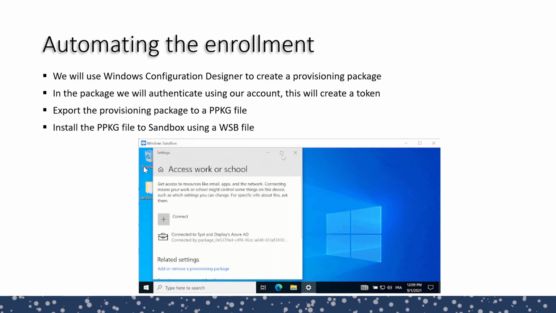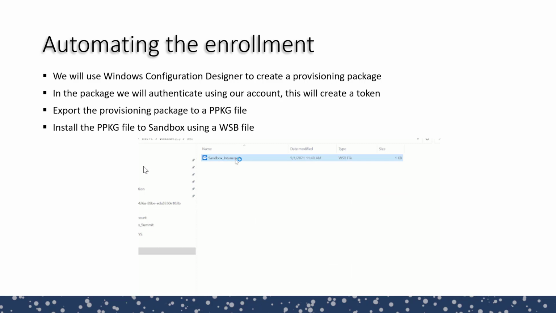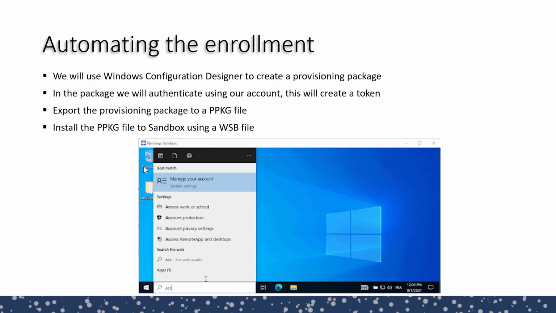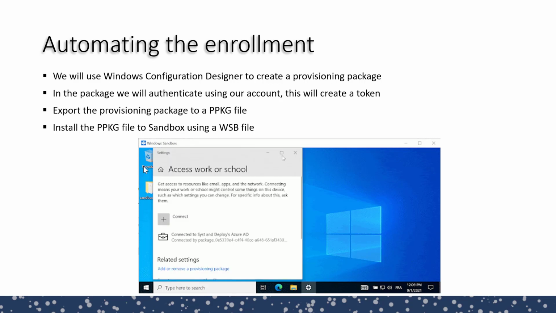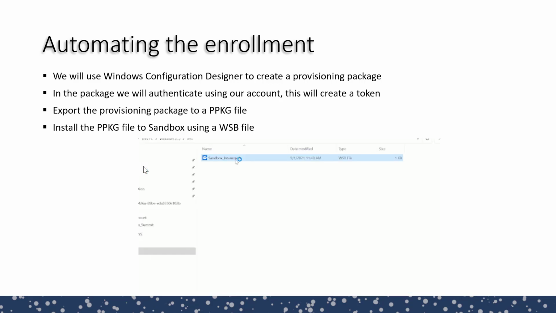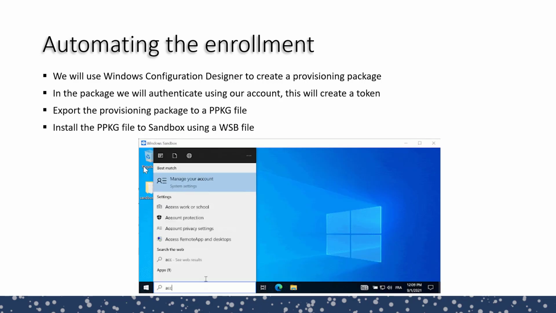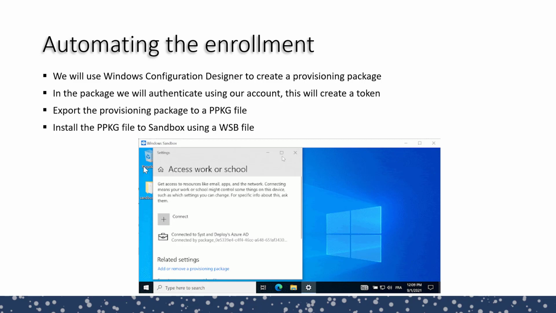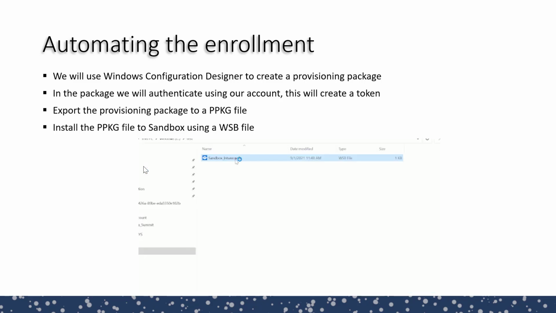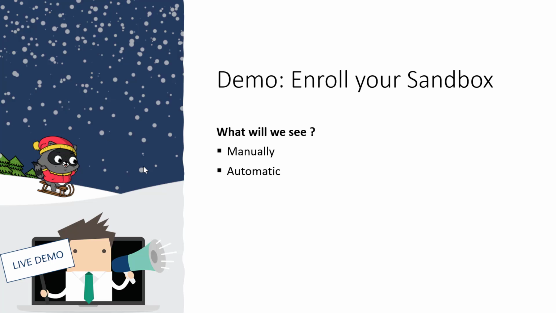If you run the ppkg file directly on the Windows Sandbox, it will enroll the Sandbox in Intune directly. If you want a fully automated way, the solution is to create a configuration file, a WSB file, that will just run the ppkg file. Then, when you run the WSB file, it will automatically enroll the Windows Sandbox in Intune in the background.